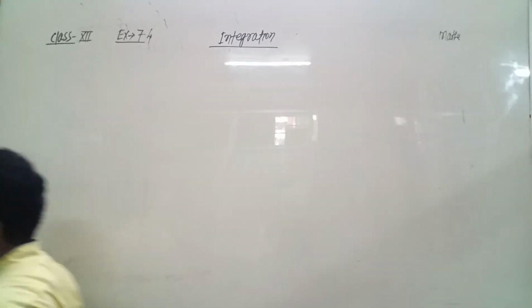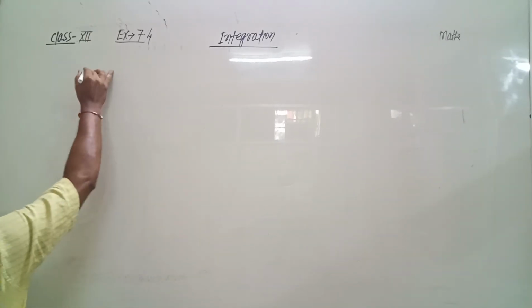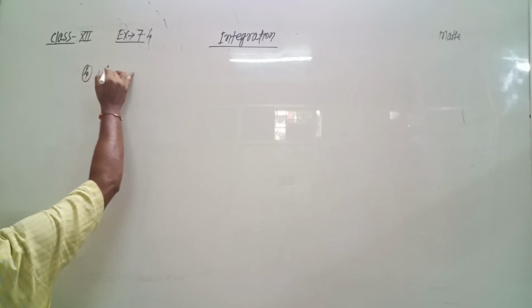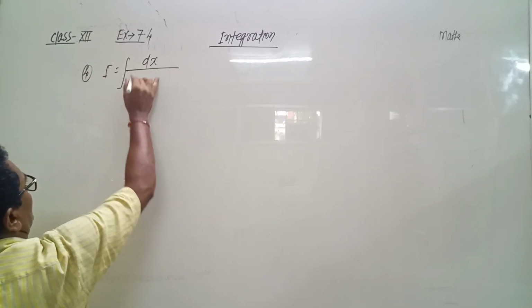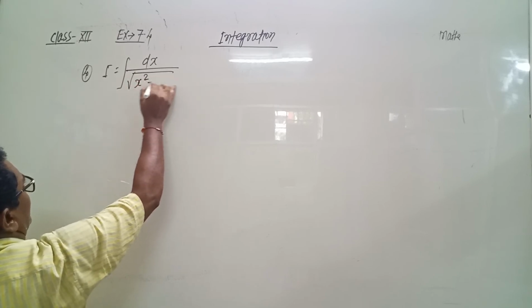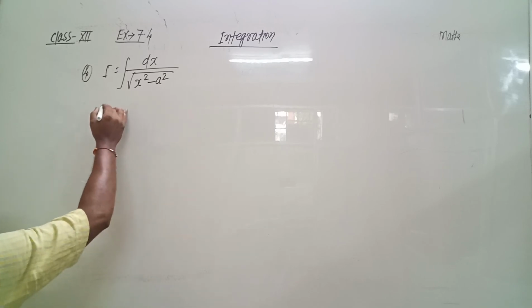The next formula, dx upon under root x square minus a square. I equals integration dx upon under root of x square minus a square. If there is a form x square minus a square, then we put x equals to a sec theta, as previously we have seen.